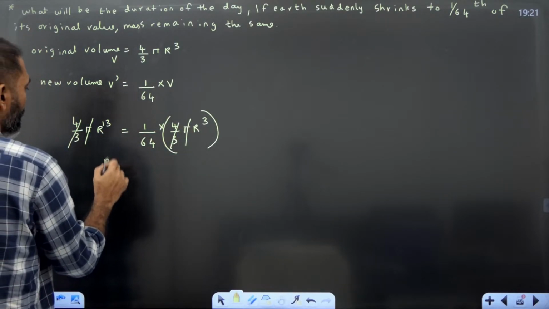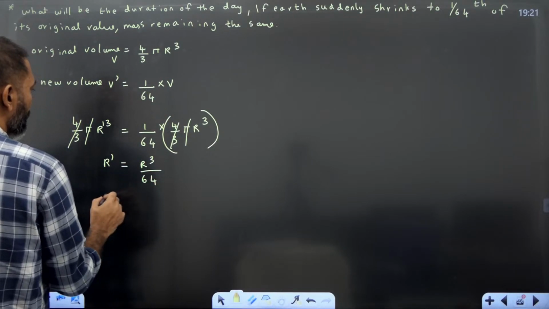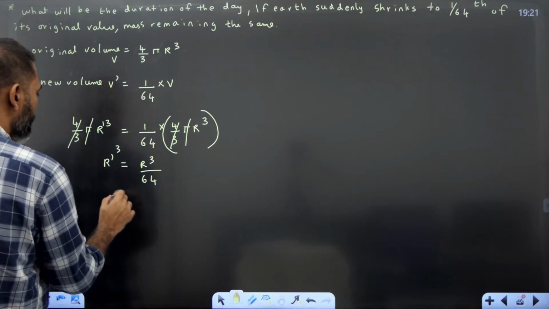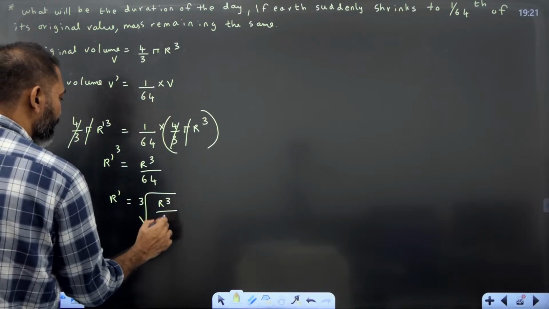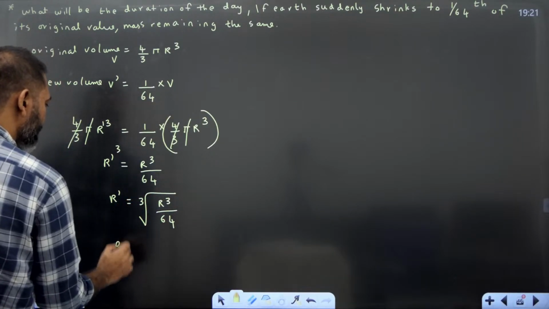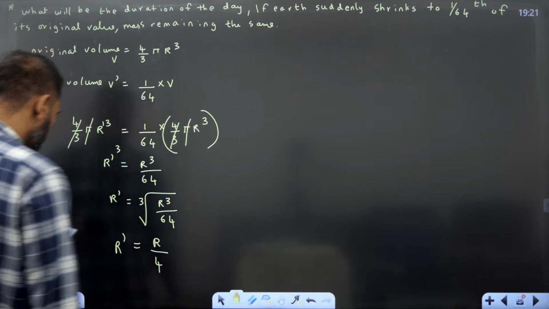So r dash cube is equal to r cube by 64. So r dash is the cube root of r cube by 64, that is r by 4. So the new radius is original radius by 4.